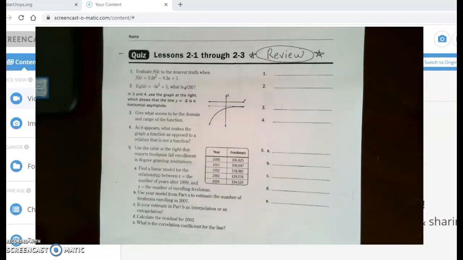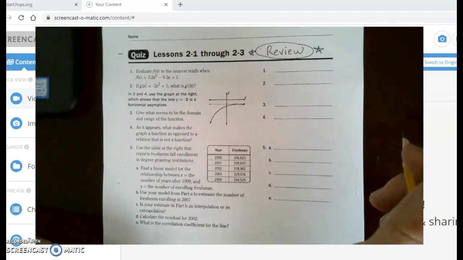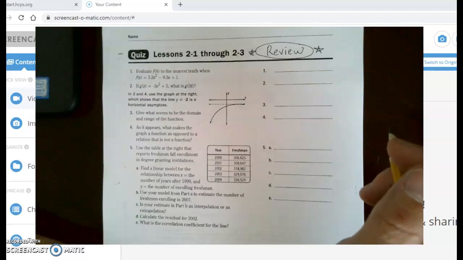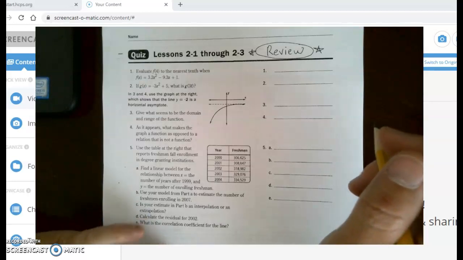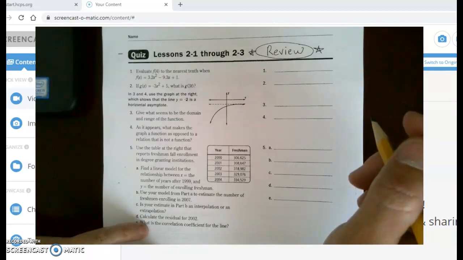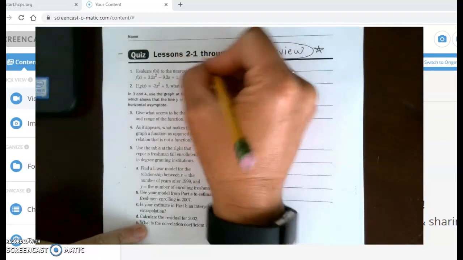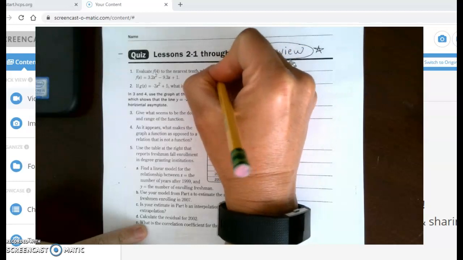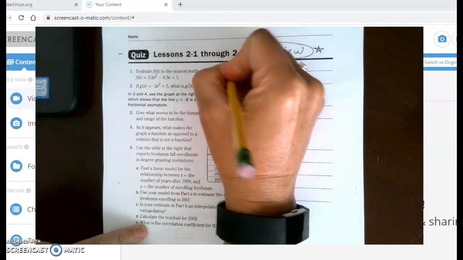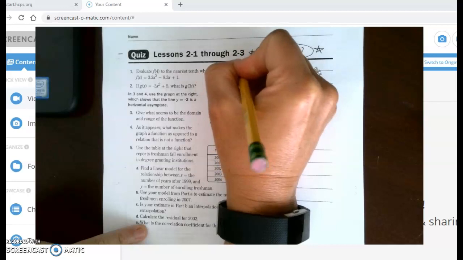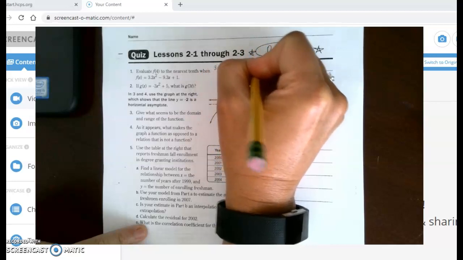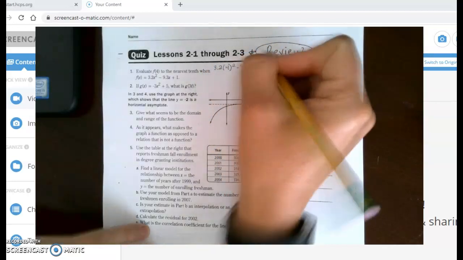It says evaluate f of 4 to the nearest tenth when f of x equals 3.2x squared minus 9.3x plus 1. So I'm going to be doing some substitution where I put a 4 in for x. So what I'm going to be doing is taking 3.2 times 4 squared minus 9.3 times 4 plus 1.